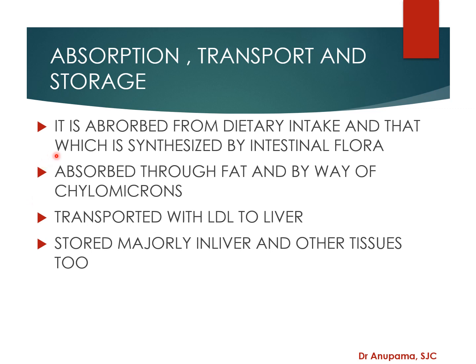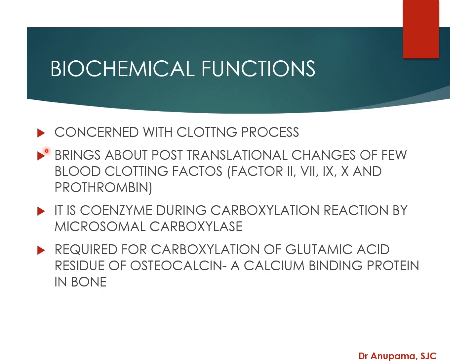This vitamin is absorbed from dietary intake and that which is synthesized by the intestinal flora. It is absorbed through the fat by way of chylomicrons. It is transported with the low density lipids to the liver and it is majorly stored in the liver and some other tissues too. Coming to the biochemical functions, it is concerned with the blood clotting process.